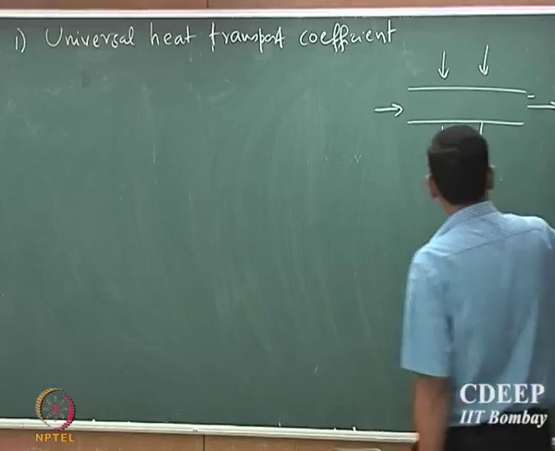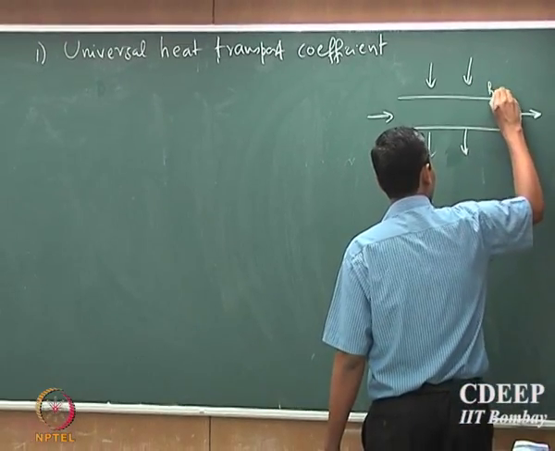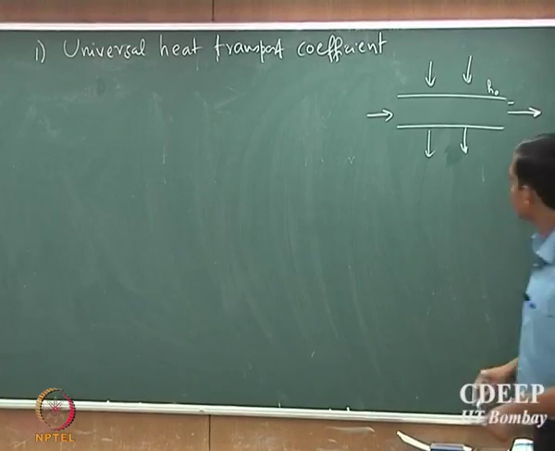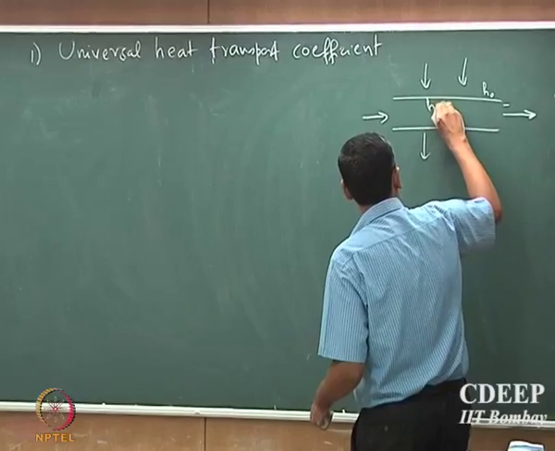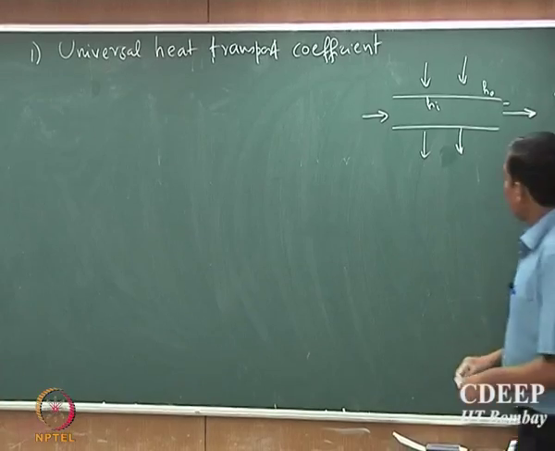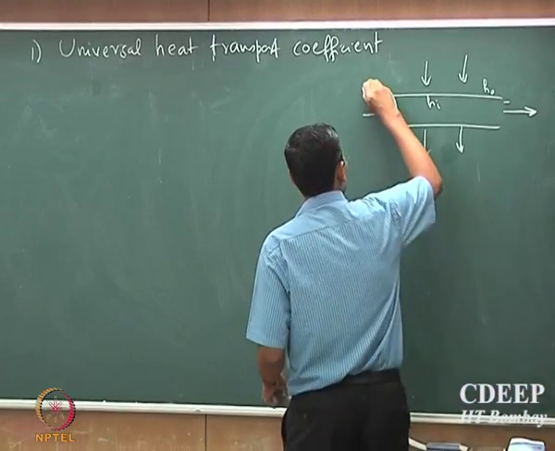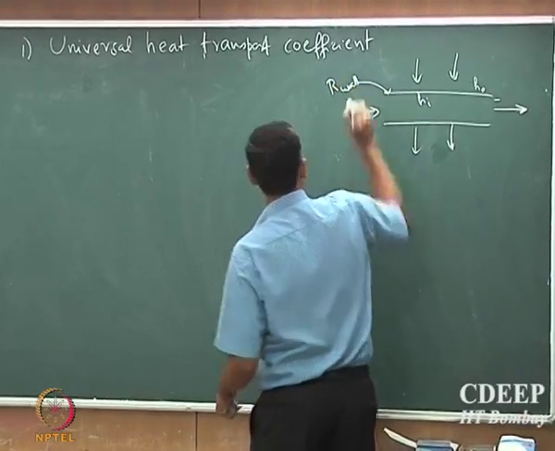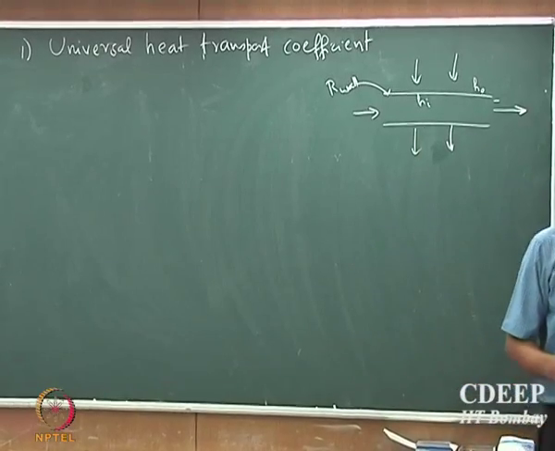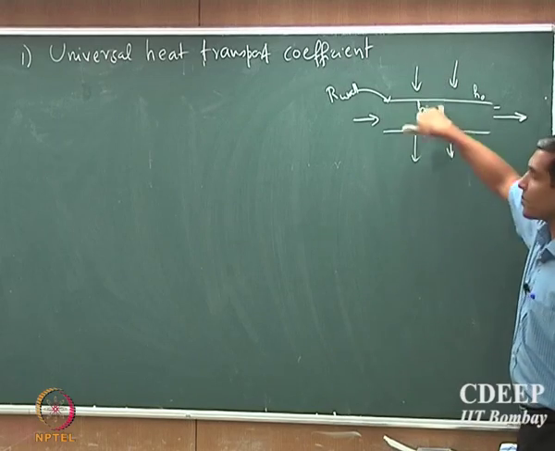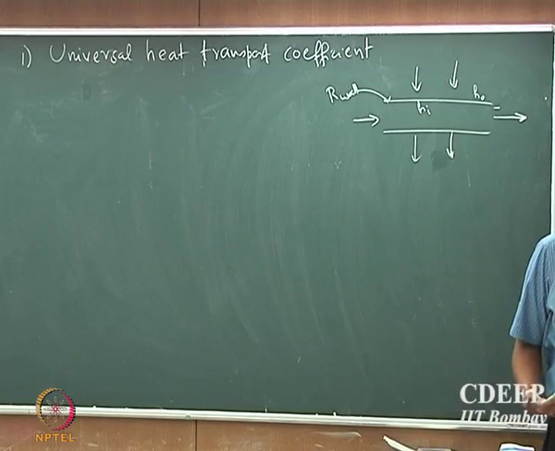So, I can always define an outside heat transport coefficient H0, and an inside heat transport coefficient Hi, and a resistance that is offered by the wall for heat transport. That comes from the conduction in the wall, and these two come from convection driven heat transport.